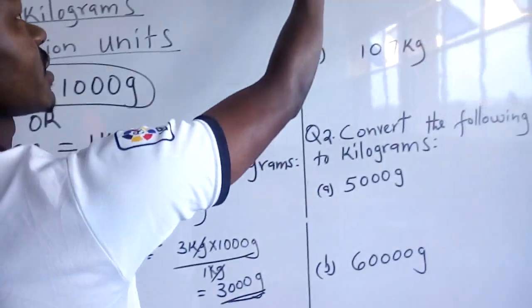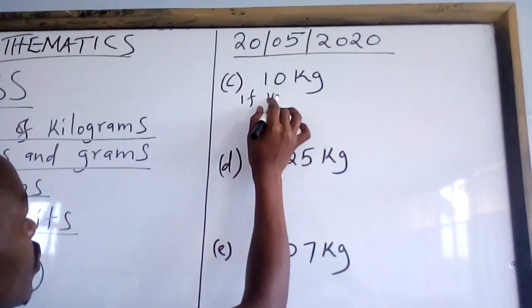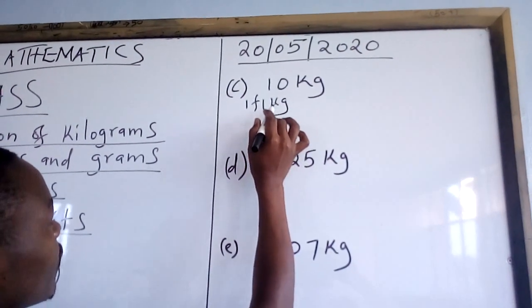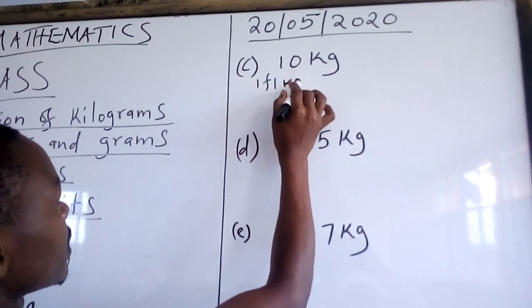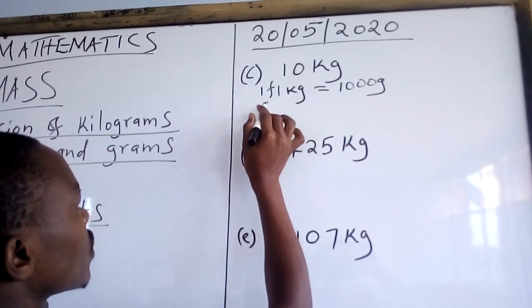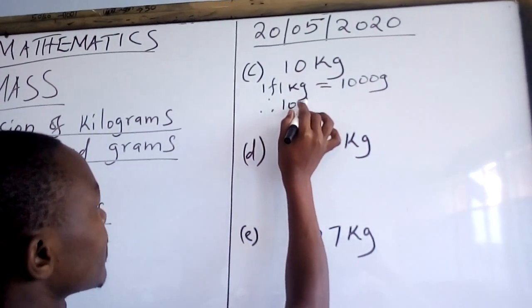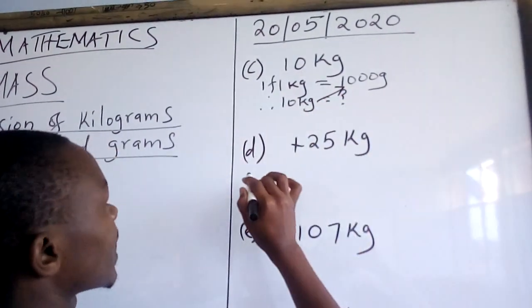Let us look at this other one. If 1 kilogram is equal to 1000 gram, what about 10 kilogram? You cross multiply.